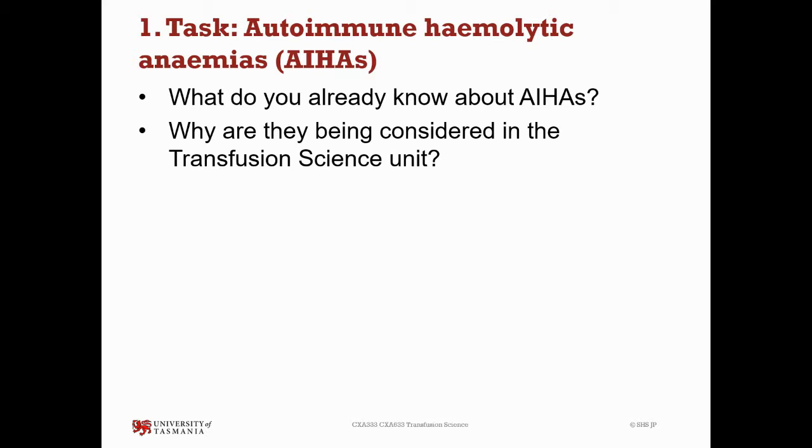How do we differentiate alloimmune from autoimmune? So what's the test that we do? DAT, yeah. So DAT tells us whether a hemolytic anemia is due to immune causes or non-immune causes, really. It doesn't really tell us whether it's alloimmune or autoimmune. It tells us whether it's immune or non-immune.